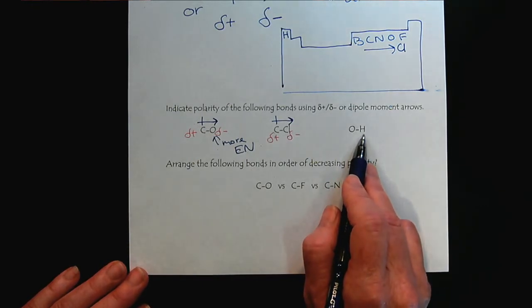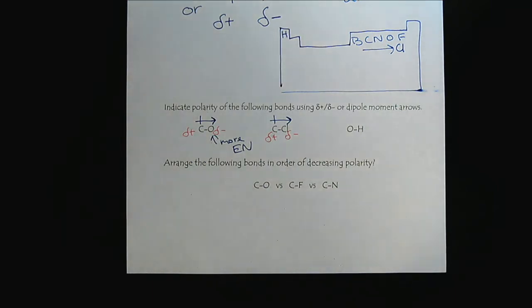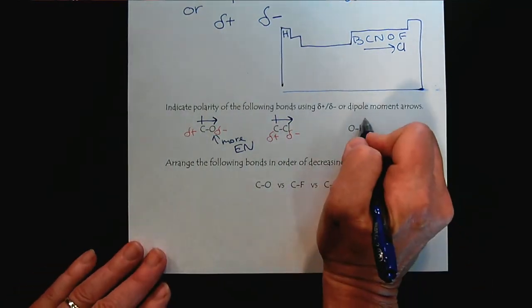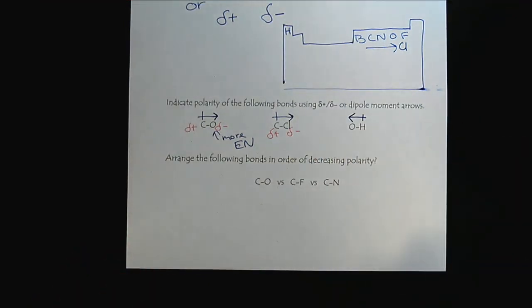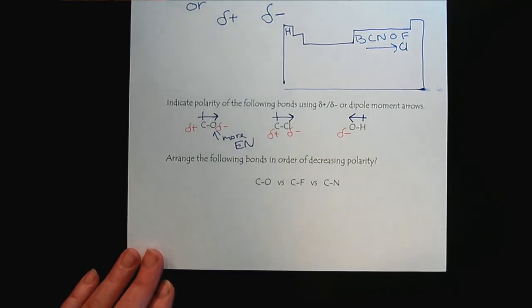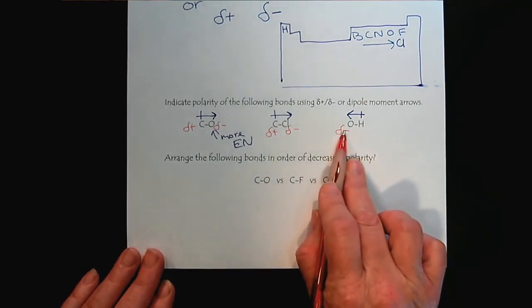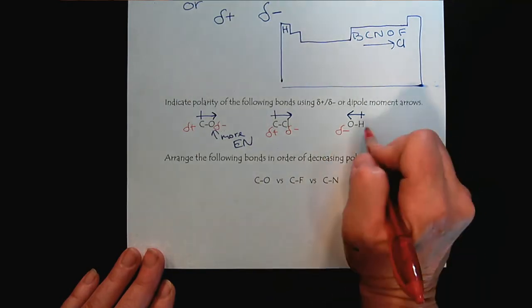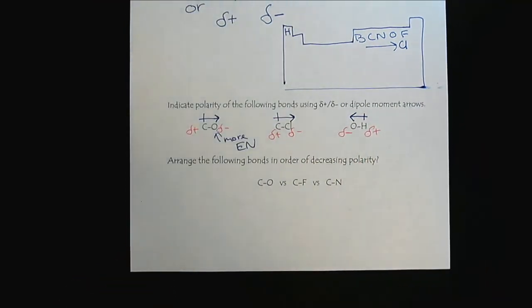Hydrogen only has 1 proton, so it doesn't have a lot of power to attract the shared electrons. So the dipole moment arrow is going to point towards the oxygen, letting us know that because oxygen is more electronegative, the shared electrons spend more time with oxygen and less time with hydrogen, creating these poles of electrostatic charge.